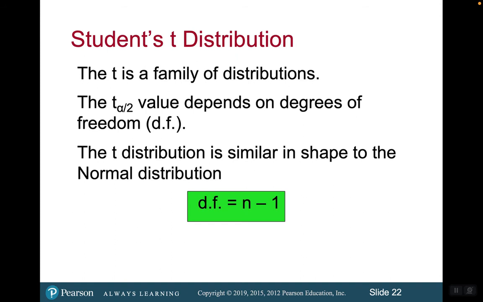The t-distribution looks a lot like the normal distribution, which is convenient because a lot of the same things we do with the normal distribution we can apply using the t-distribution. The characteristics are similar enough that we can use them.